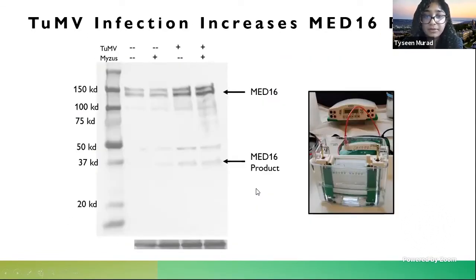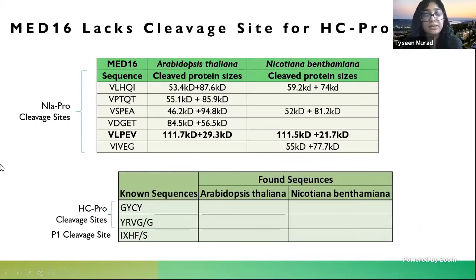So to speak a little bit more about this MED16 product right here, we looked closely at the NIa-Pro cleavage sites in MED16 in Arabidopsis and Nicotiana benthamiana. And this top chart right here was done by my amazing mentor, Dr. Swante. One of the cleavage sites that we found interesting was the VLPEV site right here that is bolded.